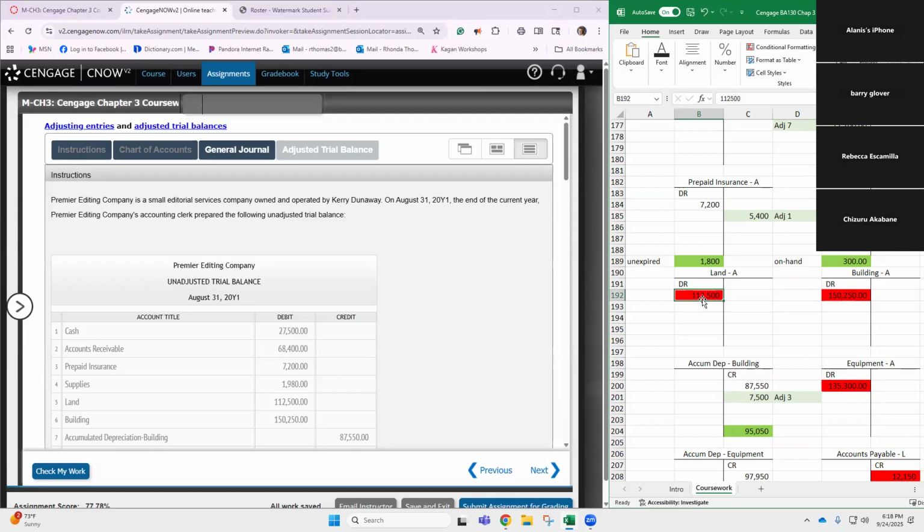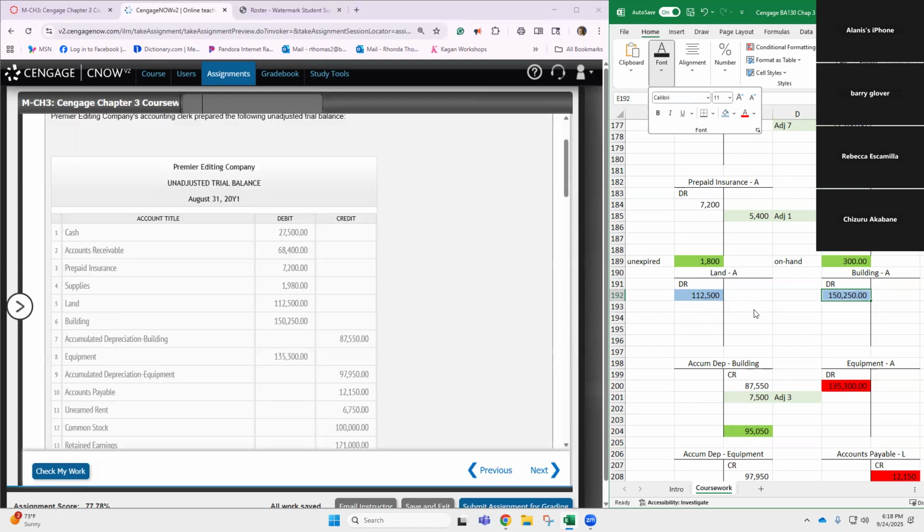So if we have a land investment, we don't expense it. We just have it. Let me change this from red to blue. Same with the building. Building is not adjusted, but its accumulated depreciation will be. So the building is $150,250. So far, I think we're okay.